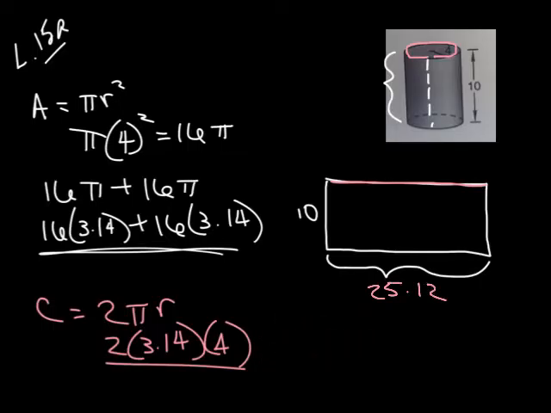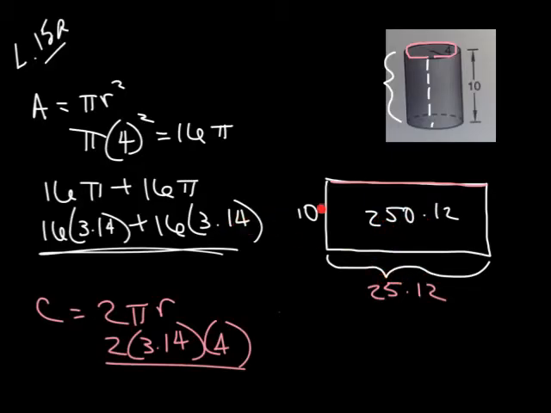Alright, so let's take everything that we've got so far and figure it out. Well, first of all, let's multiply 10 times this in order to get the area of that. So that would be 250.12. Now you'll notice that my answer is going to be a little bit different than the book's just because of the way I did pi here.